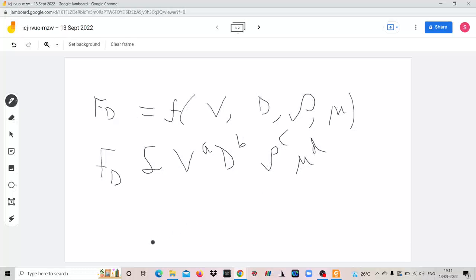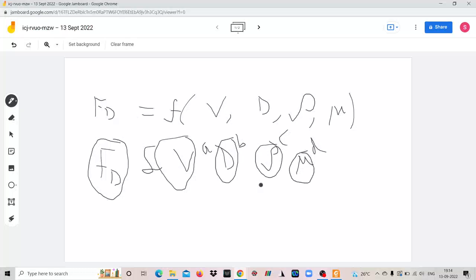Now we know the dimensions of the drag force Fd, of velocity, of d, of rho, and of mu. If all these dimensions are known, then this directly proportional sign can be replaced with an equal to sign, provided we multiply by a constant of proportionality k.